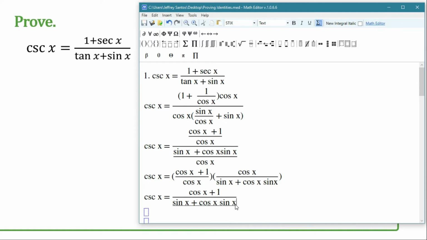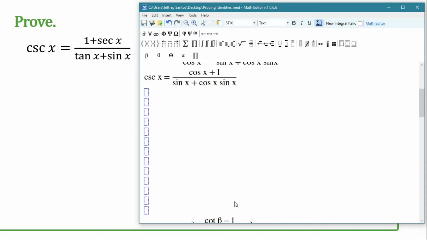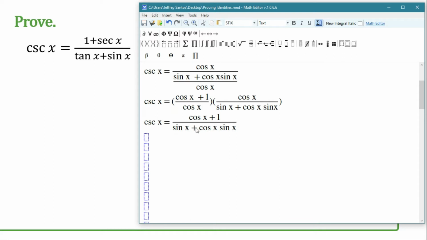Okay, and then if we notice the denominator, there is a common factor, which is sine x. We can actually extract it. Making this equivalent to the cosine of x plus 1 over, we extract the common factor, that is the sine of x.